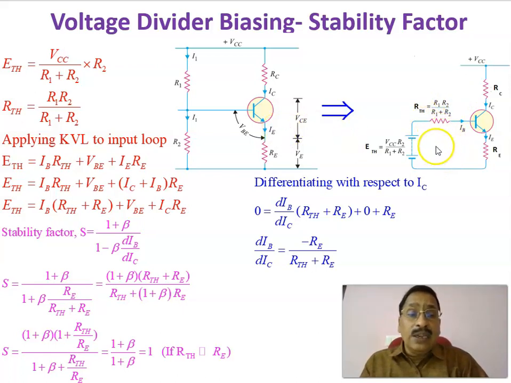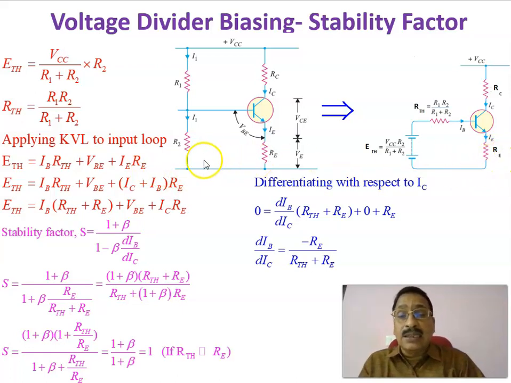Now we are going to apply Kirchhoff's voltage law to this input loop. The voltage ETH is equal to the drop across RTH, that is IB into RTH, plus VBE, plus IE into RE, the voltage across the emitter resistance RE.